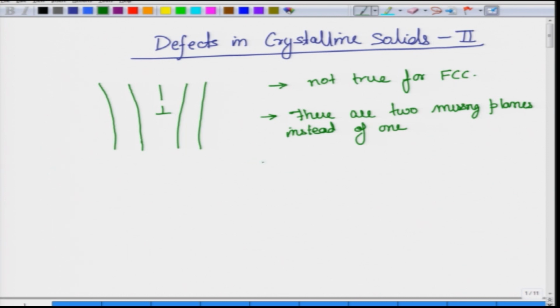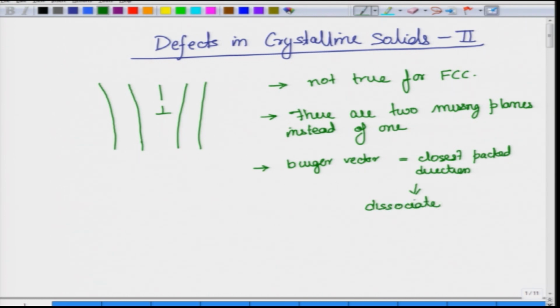Another thing we learnt, though we did not go into detail in the last lecture, is that the Burgers vector, which we usually say is always along the closest packed direction, is true in general, but here you would see that it can also dissociate into partials.